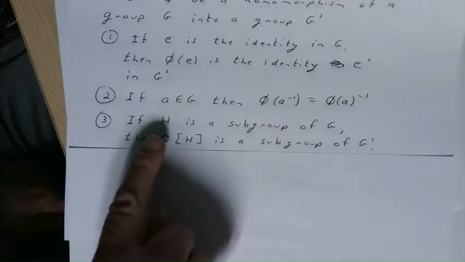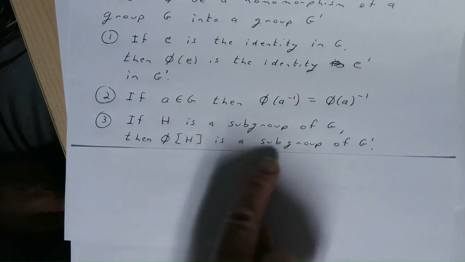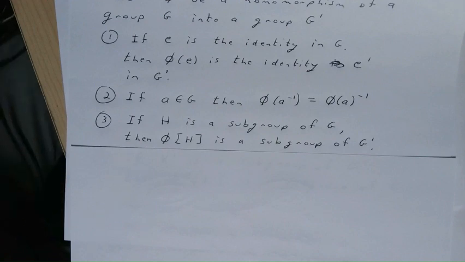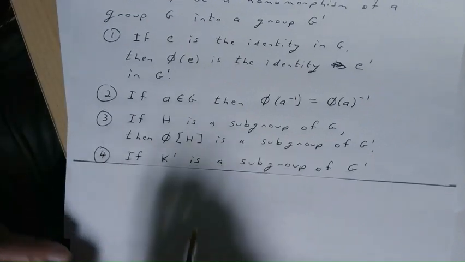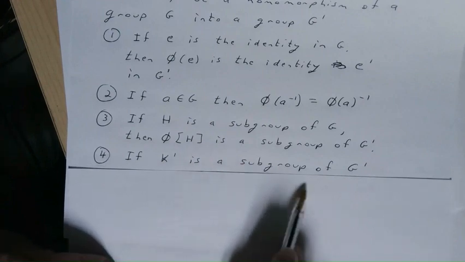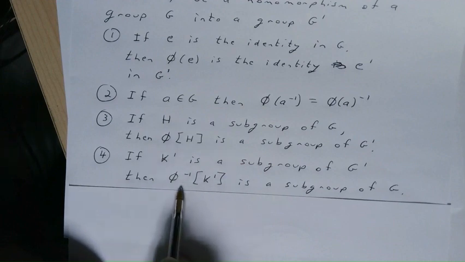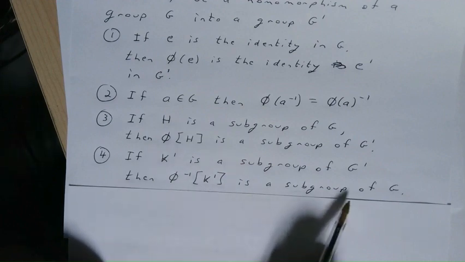So if H is a subgroup of G, then phi of H is a subgroup of G prime. The last one we have is if K prime is a subgroup of G prime, then phi inverse of K prime is a subgroup of G.